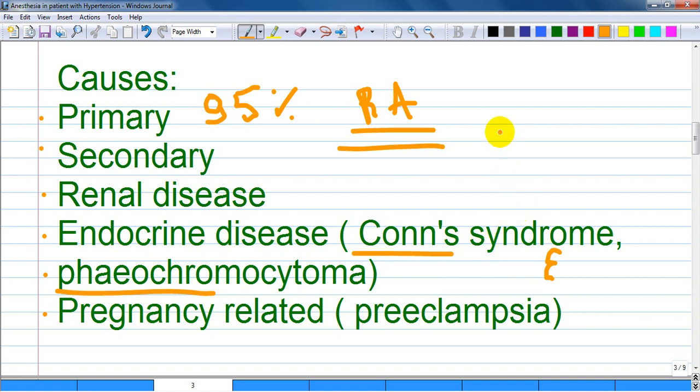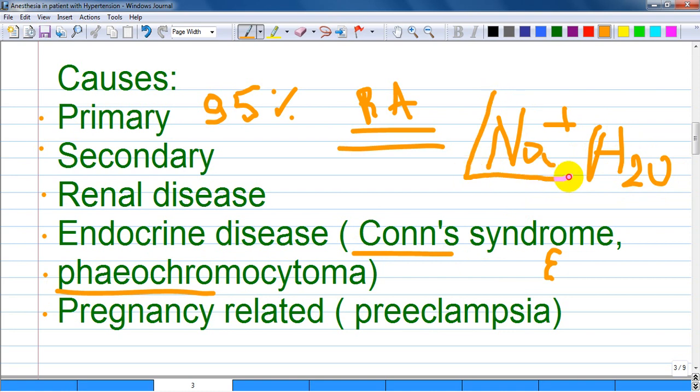In Conn syndrome, there is a tumor that secretes aldosterone, which increases the reabsorption of sodium, which pulls water inside the renal system as well. And pheochromocytoma secretes norepinephrine or epinephrine.